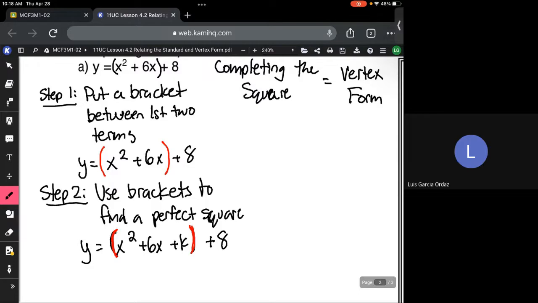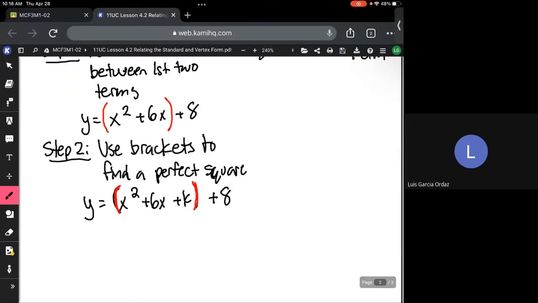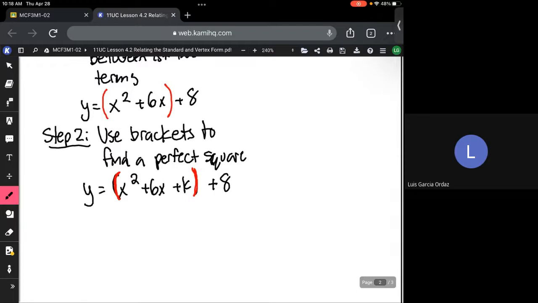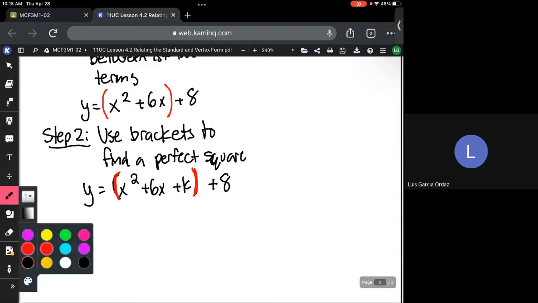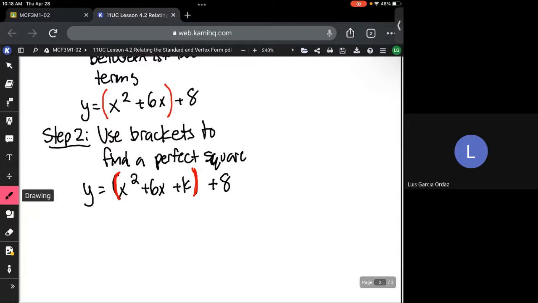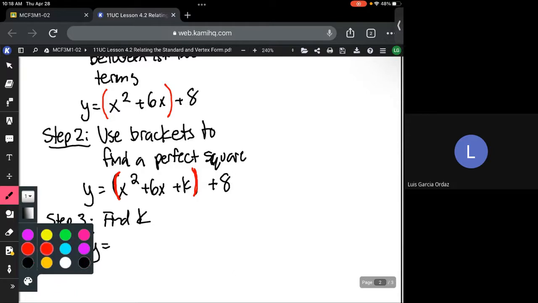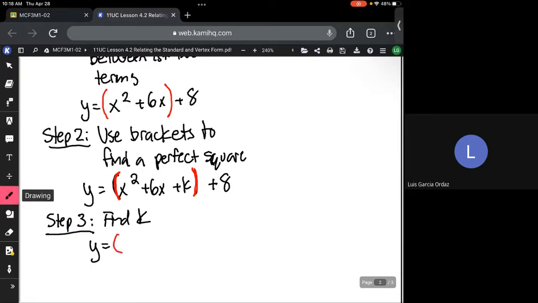Then step 3 is to find k. So I have y is equal to x squared plus 6x plus k, and make sure that's in brackets.